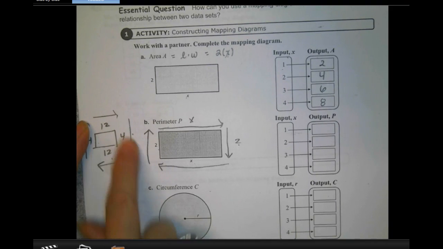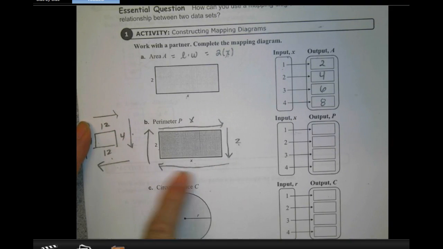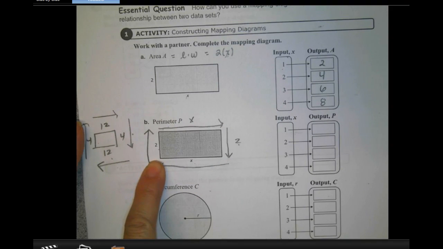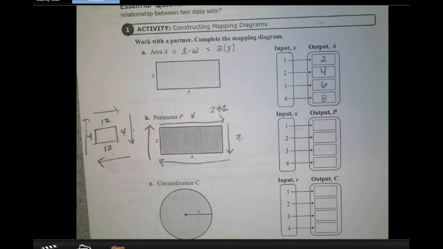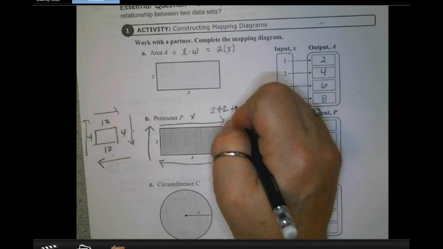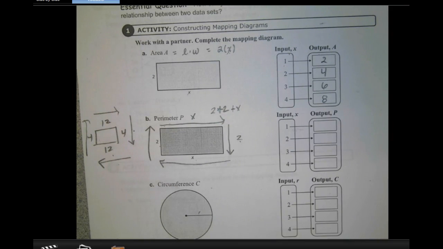So if I'm going to add, how do I find the perimeter of this one here? What do I need to add? Anybody? I'm sorry? Nathan? 2 plus 2? Is that it? Does that give me the distance all the way around? What else?